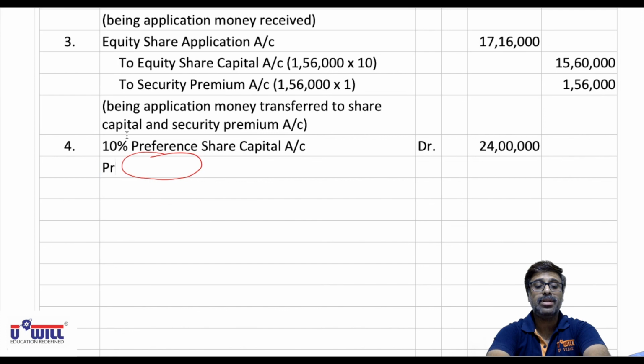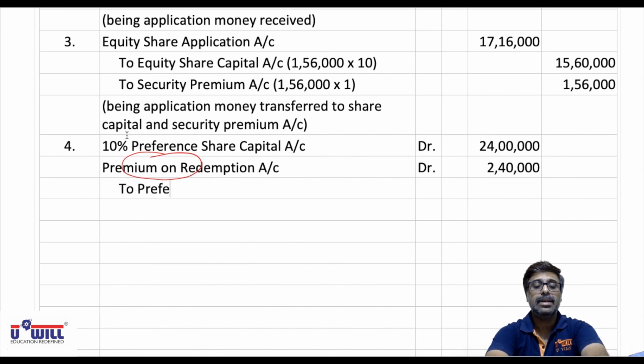Premium on redemption is our capital loss. Debit all expenses and losses. So premium on redemption account debit with 2,40,000. Amount is payable to preference shareholders. Credit the payables. So to preference shareholders account 26,40,000.